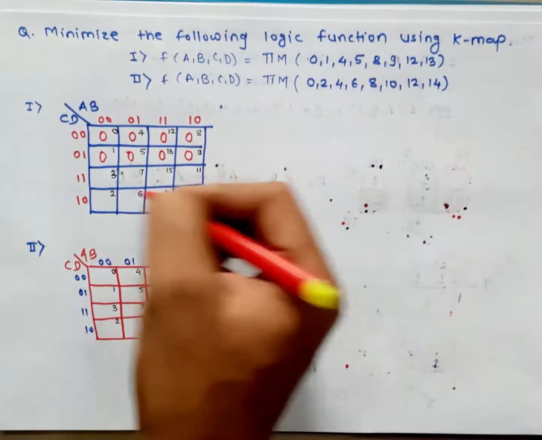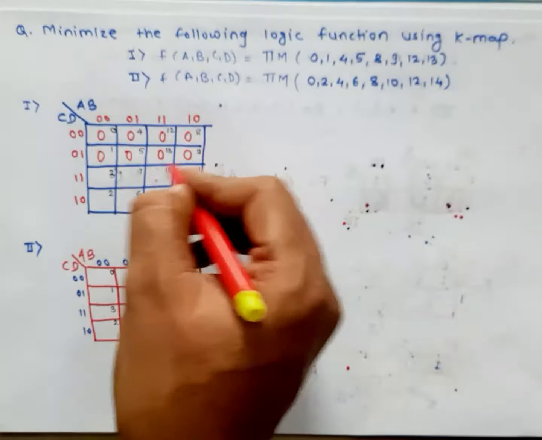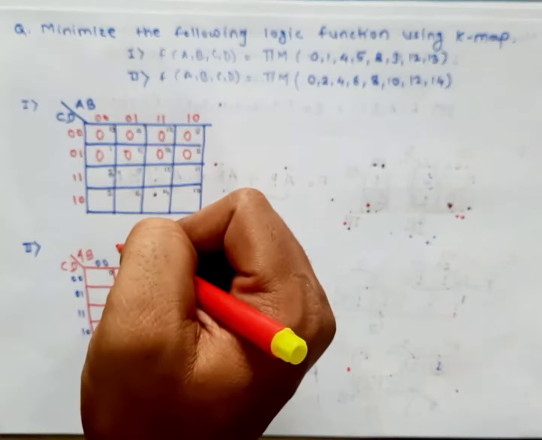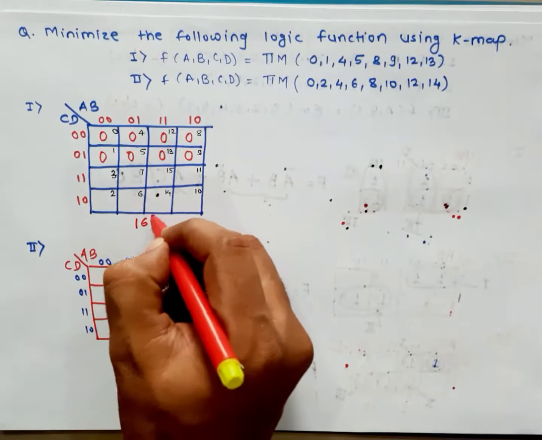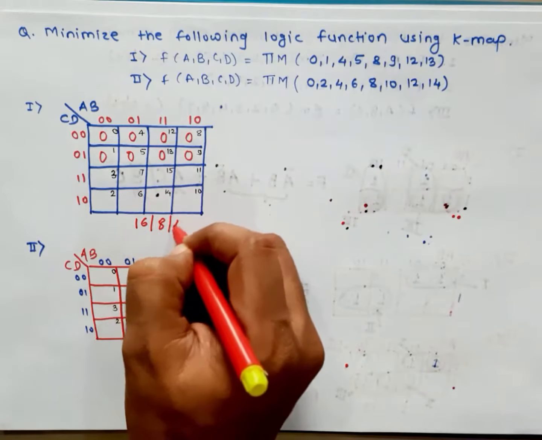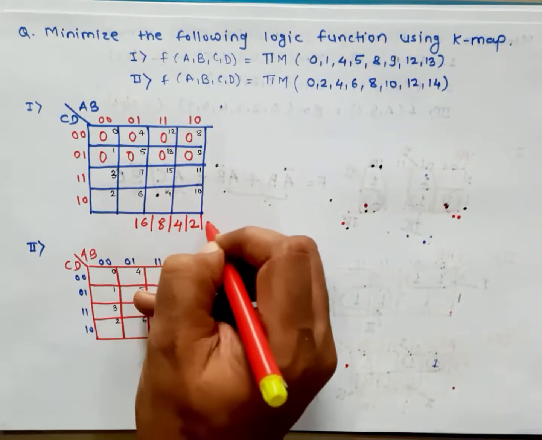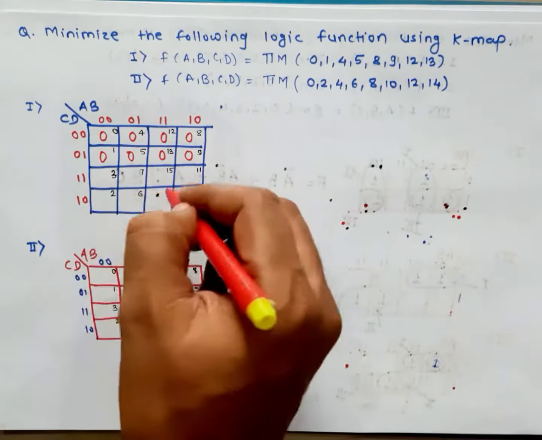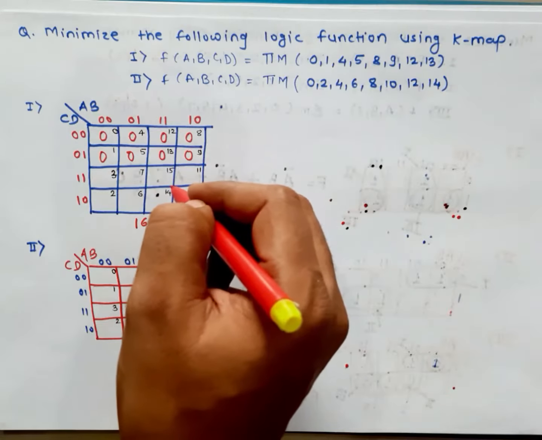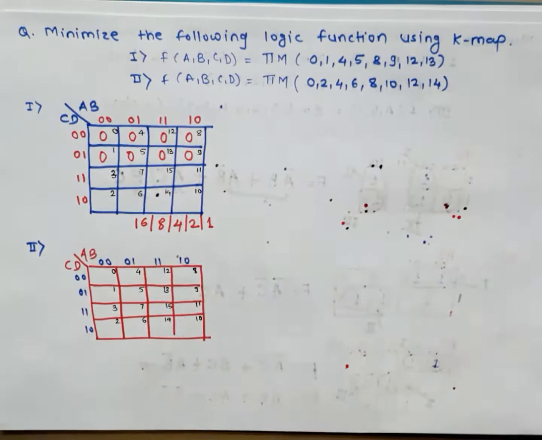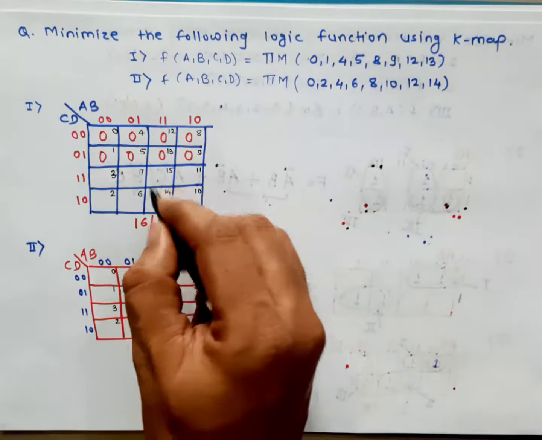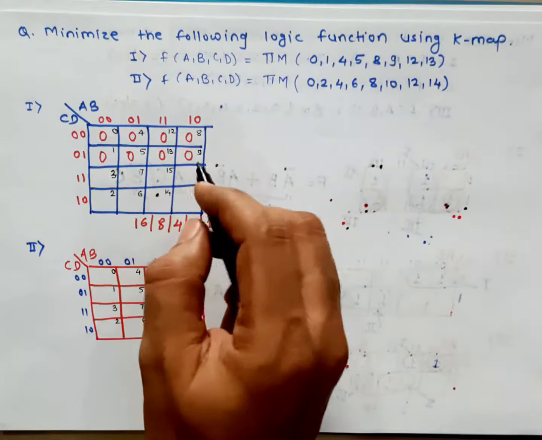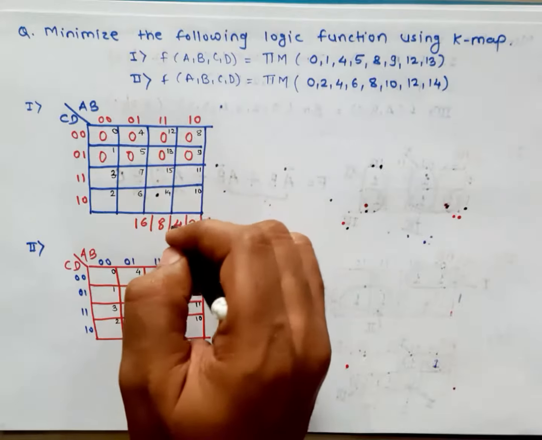So out of total 16 cells, 8 cells having a 0 value. Now we can make a group of maximum 16 cells, 8 cells, 4 cells, 2 cells or 1 cell. A group of 16 cells is not possible because only 8 cells have 0 values.